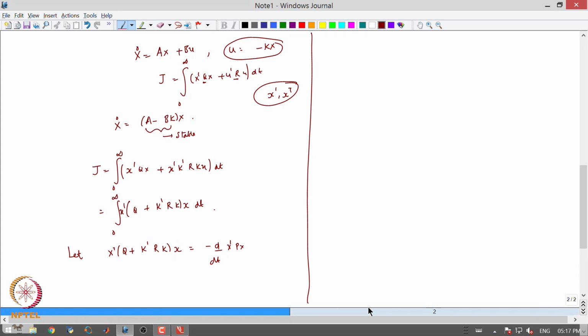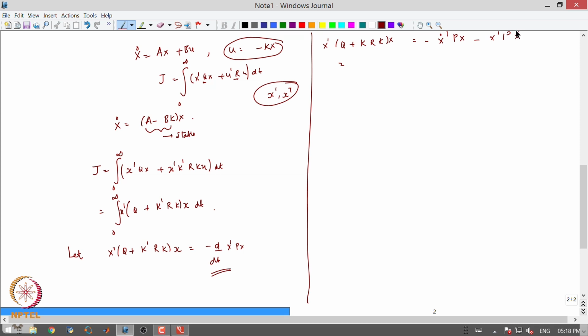Just differentiate this and get the following: minus x dot transpose Px minus x transpose P x dot.